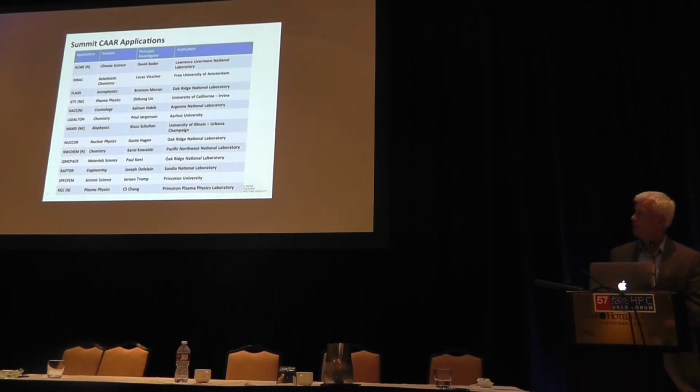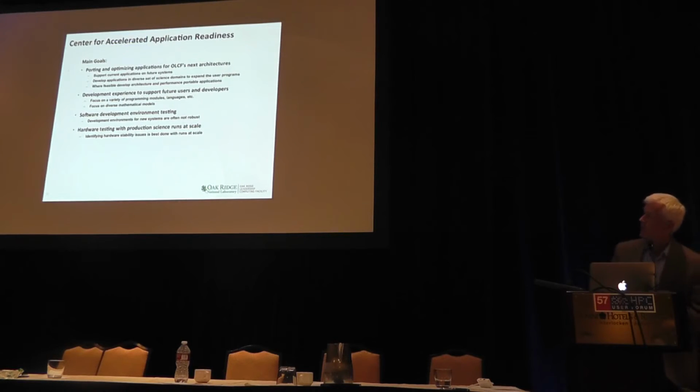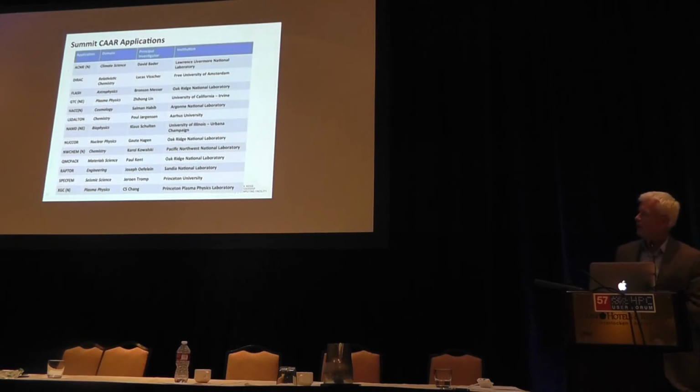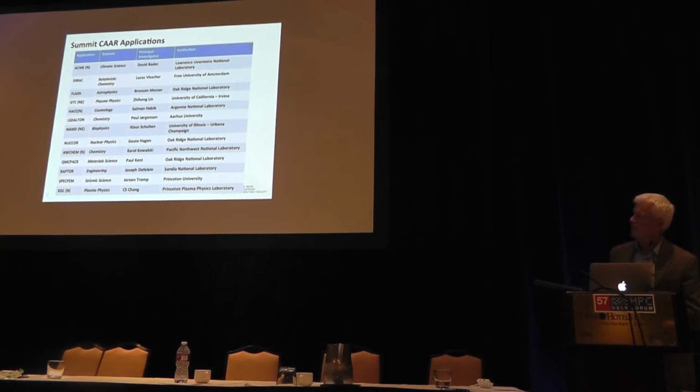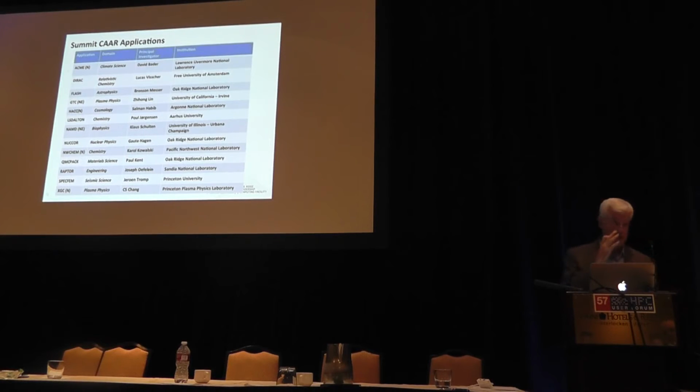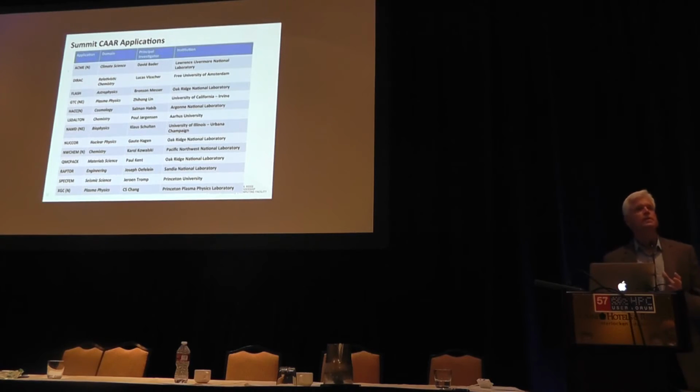And so the list of CAAR applications, and again, CAAR is the Center for Accelerated Application Readiness, was announced recently. I believe Jack announced this at the last meeting. And just to give you an idea of the breadth of codes and application areas, you can view it for yourself. A couple of interesting things to note. These selections aren't restricted to U.S. projects and to DOE mission space projects only.